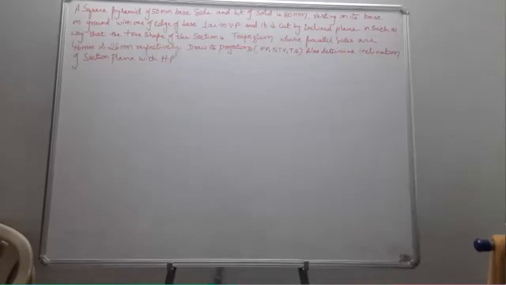A square pyramid of 50 mm base side and height of the solid 80, resting on its base on ground with one of the base edges perpendicular to VP, and it is cut by an inclined plane in such a way that the true shape of the section is trapezium, whose parallel sides are 46 and 26 mm respectively.